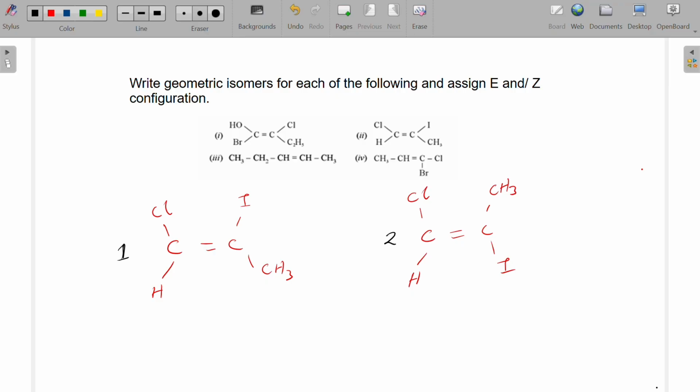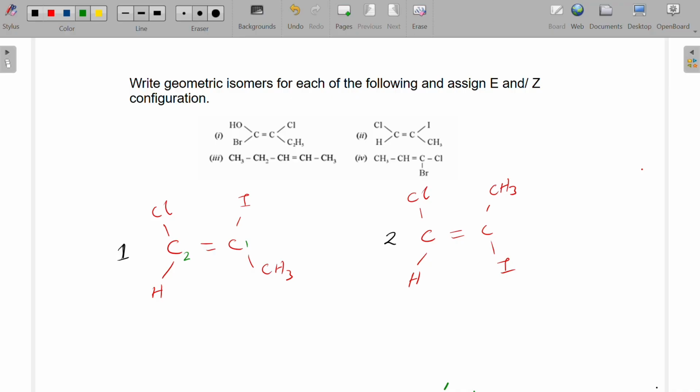All we have to do is just to know if we have a Z or an E isomer. So let's quickly do that. Let's look at the first one. This carbon here, let's call it carbon number one, and this one carbon number two, is connected to iodine on top and to carbon down here.